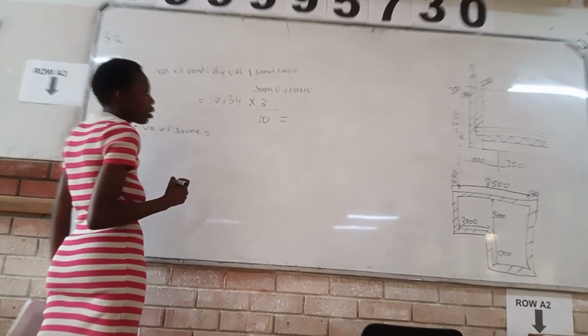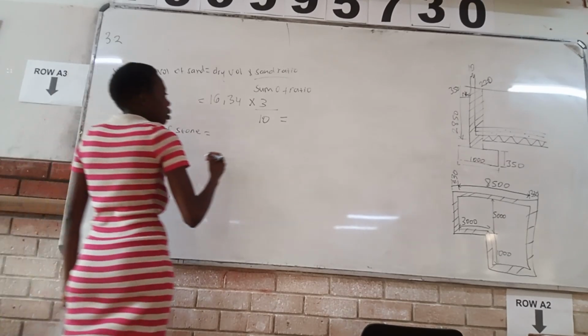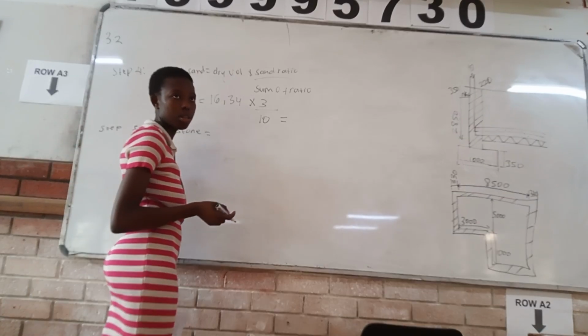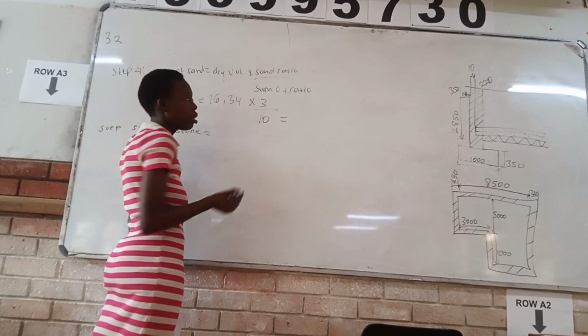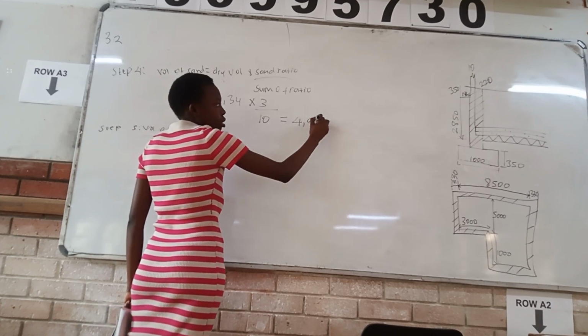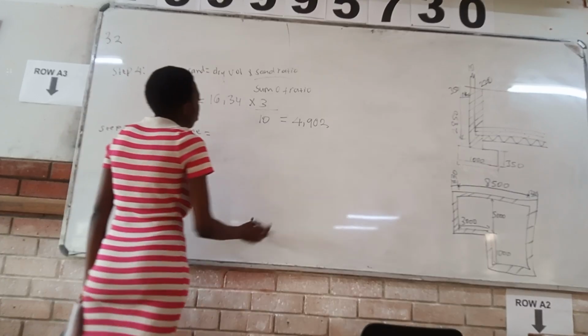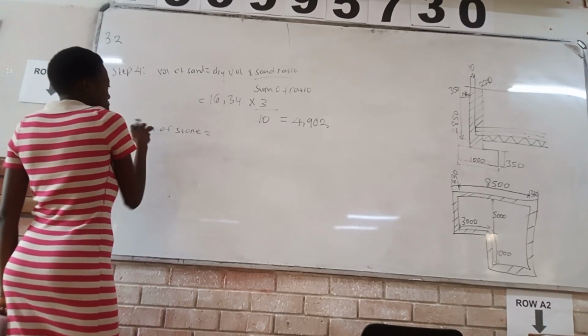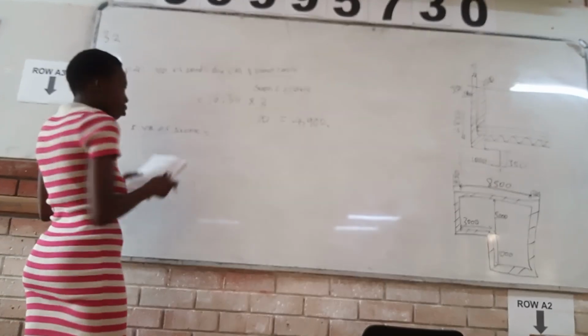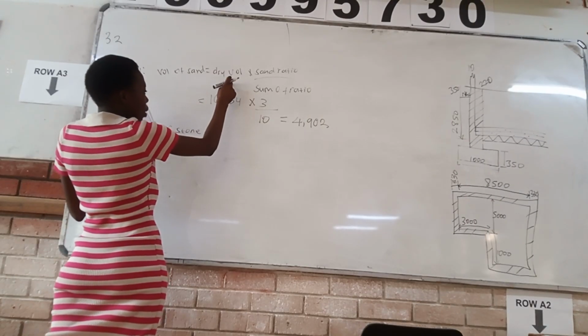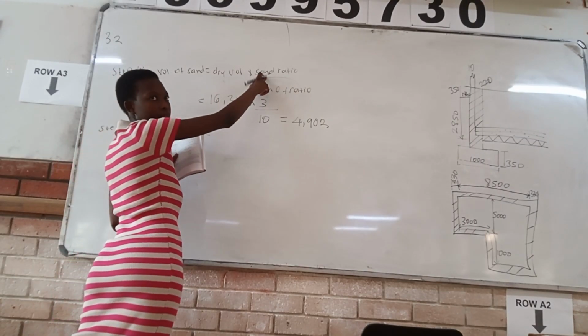We get 4,902. Okay, and then find the volume of stone. The formula for volume of stone is the same as for volume of sand, but here you replace sand with stone.